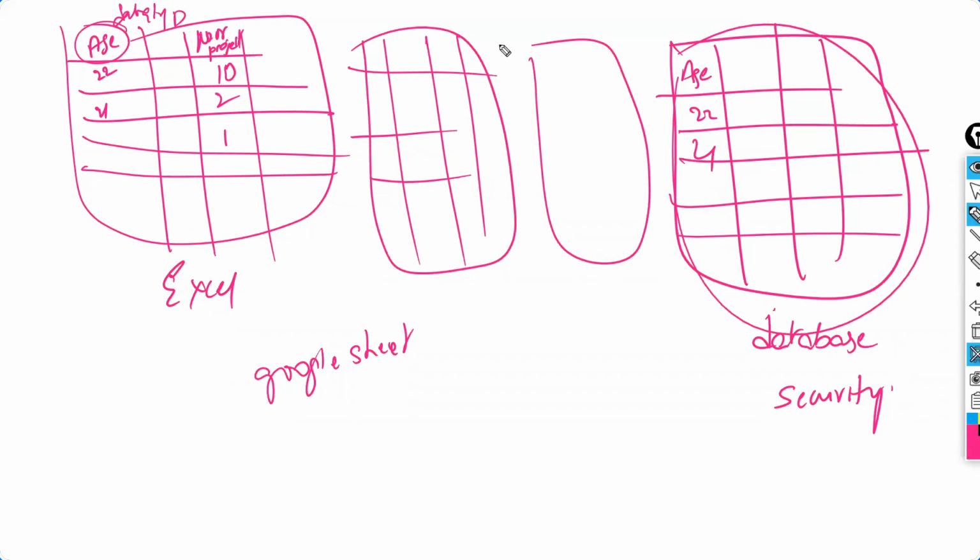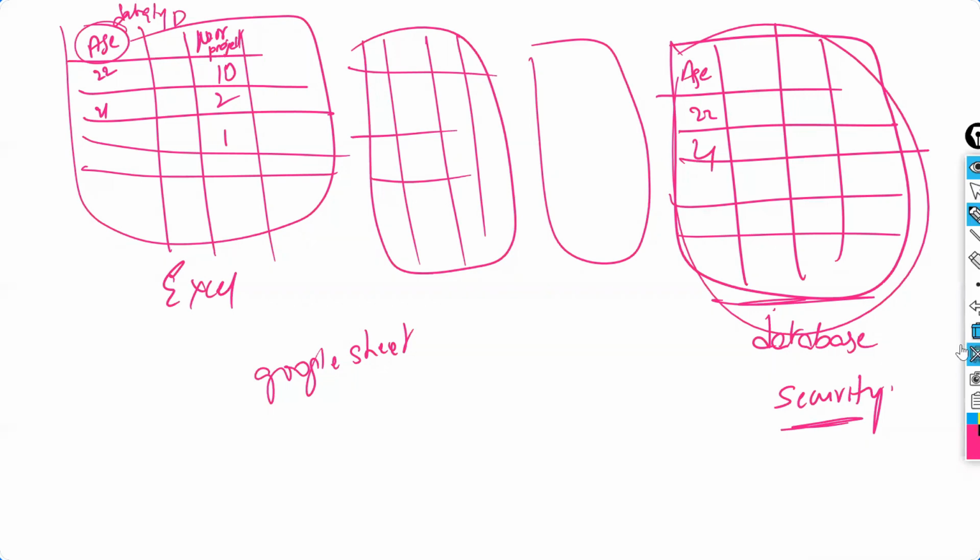But if a wrong updation is done, they will not accept it. Whoever has done the wrong updation will not accept that they made the mistake. None of them will accept their mistakes in real life. So that is the reason for security. This is one of the advantages of database. Like this, we have multiple advantages still. I'll explain one by one.